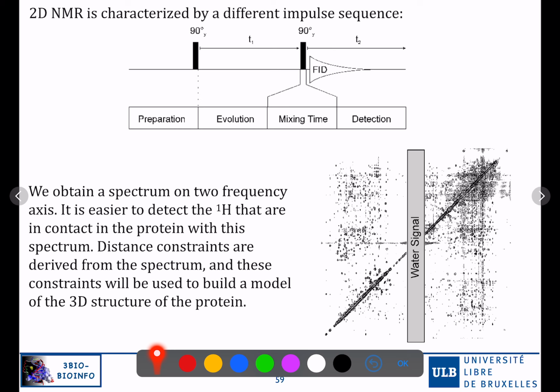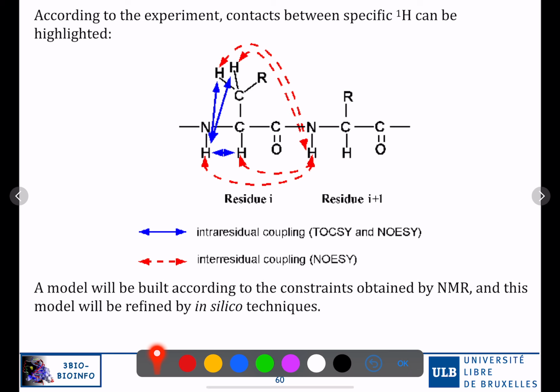So here, the idea is not to detail this part, but keep in mind that we have just the general principles. And finally, with these types of protocols, you can obtain information about which atoms are in contact in the 3D structure of the protein.